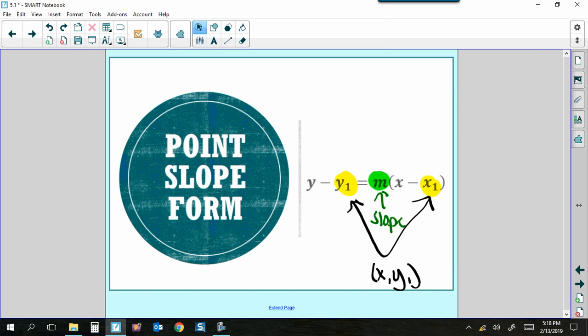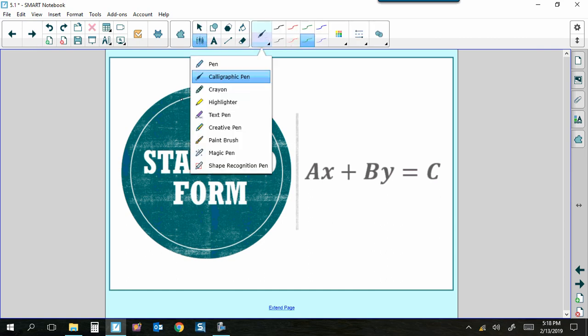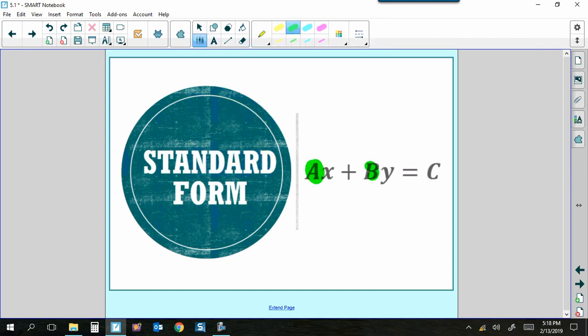And then the last one is standard form. Standard form is ax plus by equals c. In this particular example, a, b, and c are all going to be real numbers. They must be real numbers.